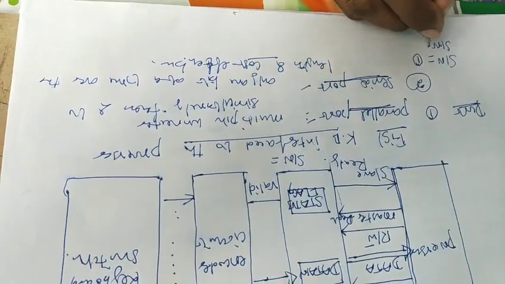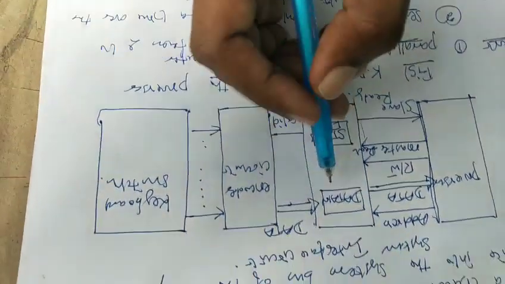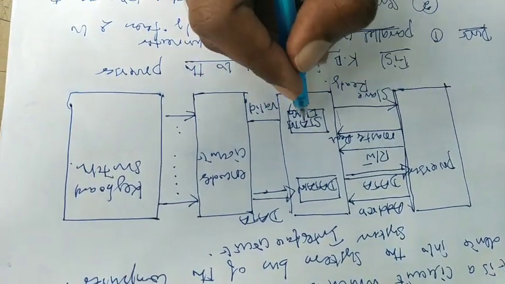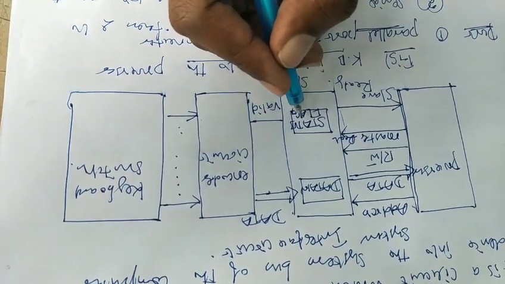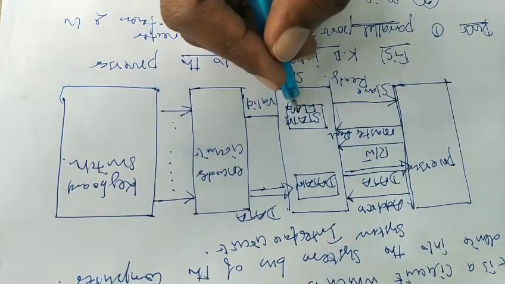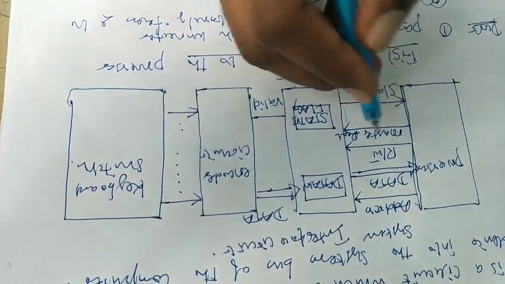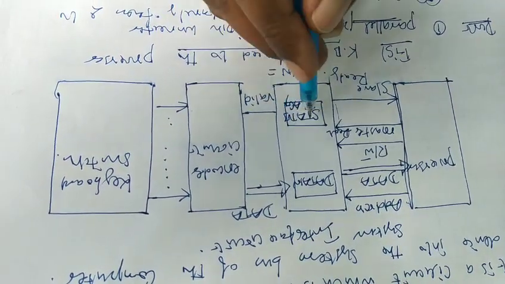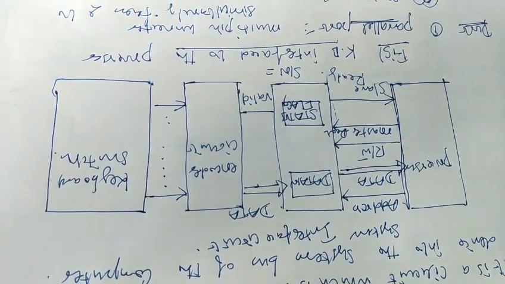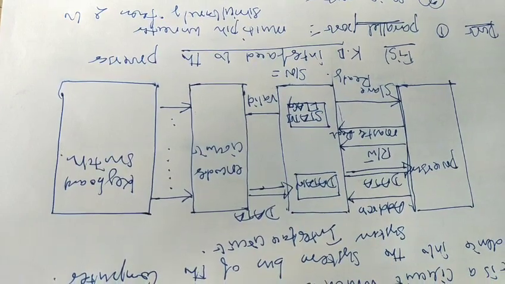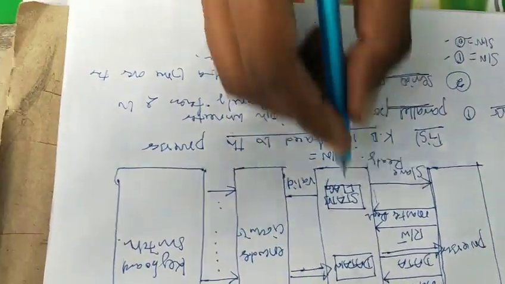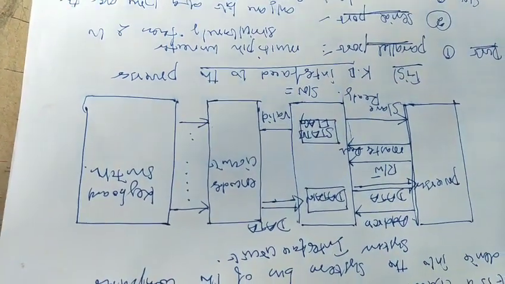If SIN is equal to 0, it indicates that the data in the data buffer has been transferred to the processor, which means there is no data in the data buffer of the interface circuit. For that we use these two signals. So these are the two main components of the interface circuit.